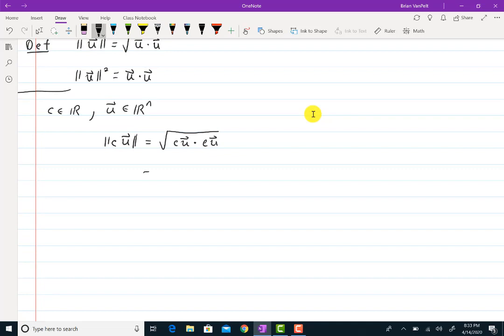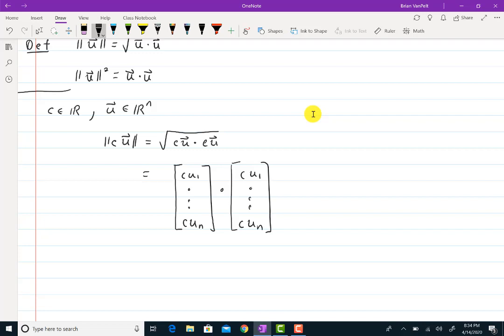And so this is the same as, let's do it this way, so maybe you can see one of these. Cu will be Cu1 all the way up to Cun. And if I take that and dot it with the same thing, then I got to take the square root of all that.